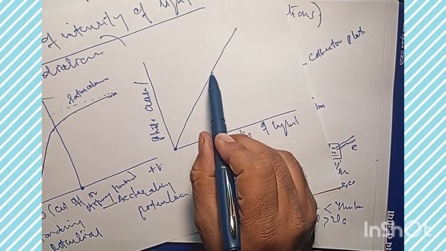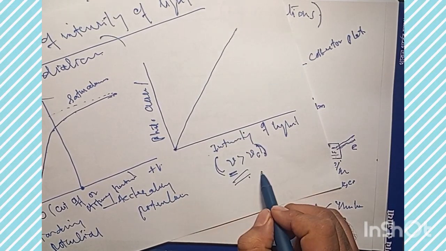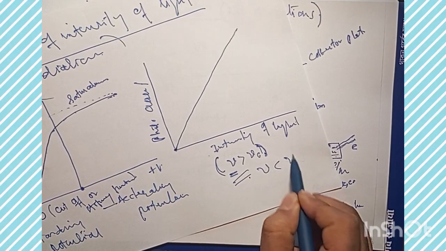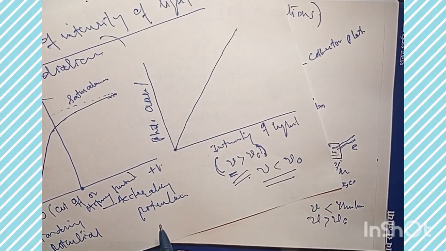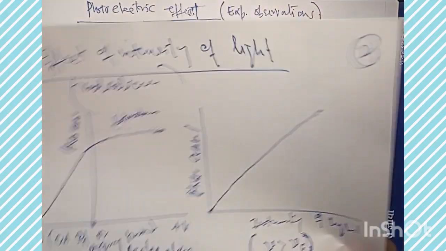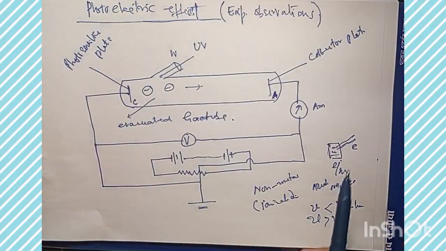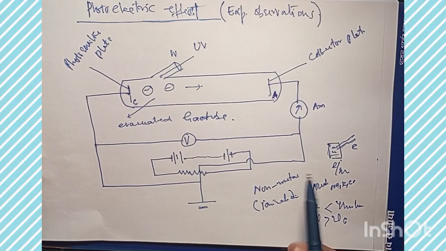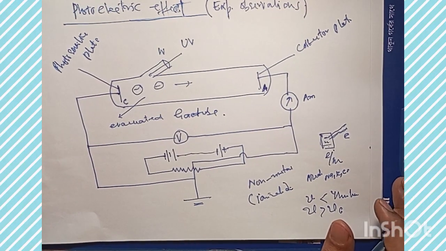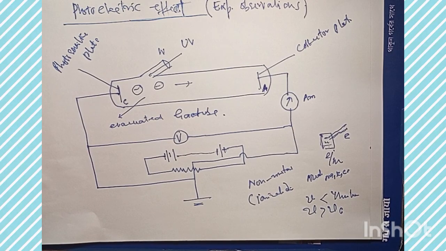Only then can you have this behavior. If we use light with nu less than this minimum frequency, we are not able to see this kind of behavior of photoelectric current with respect to the intensity of light. So these were the experimental outcomes of this experiment, what's known as the photoelectric effect.